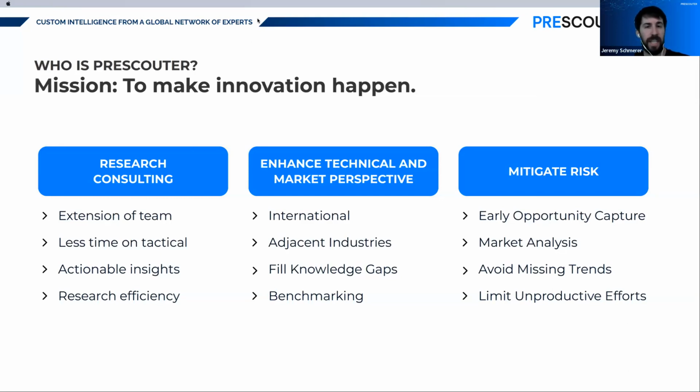And we're coming in as an extension of the team to help you be a little faster and more efficient when it comes to doing different research. Could be related to new technologies, markets, understanding the landscape of a space that you're less familiar with, or perhaps wondering if you've missed anything, looking for a validation. So there's a lot of different levers that we can pull.